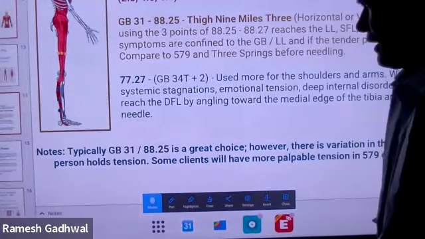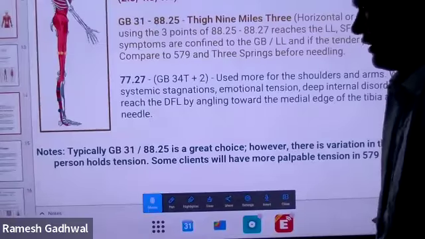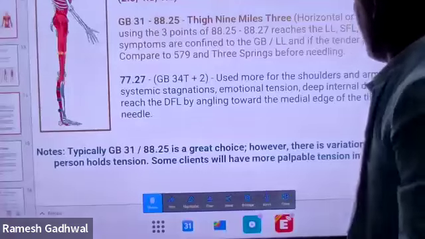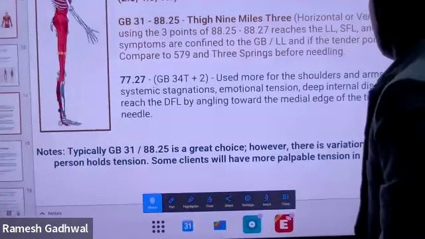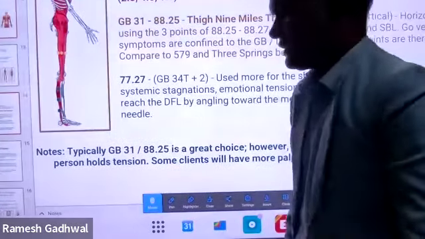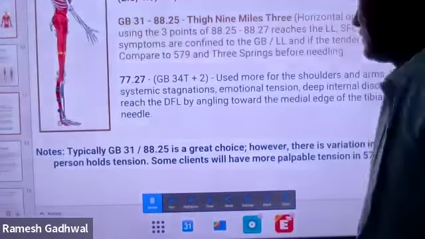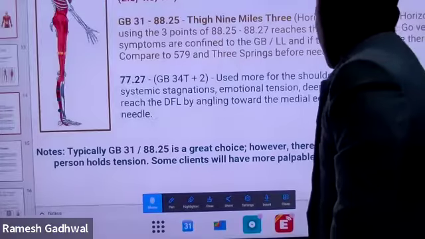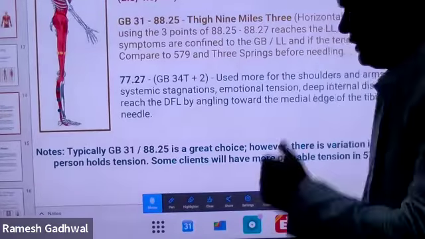Typically GB31 is a great choice. However, there is variation from person to person. Hence, some clients will have more palpable tension in certain points.